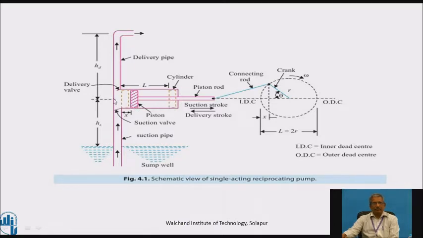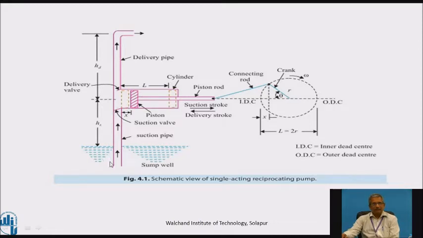When the piston is at extreme left, it is called IDC. When it is at extreme right, it is called ODC. Of course, the piston cylinder arrangement should always be leak proof, so that there are no energy losses.